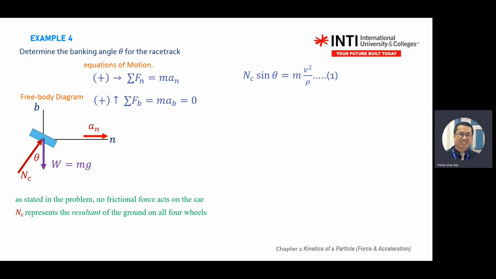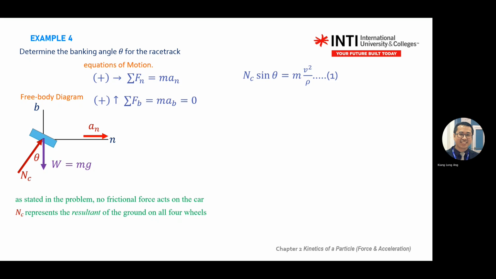In the b direction, Nico, what are all the forces in the b direction? You're now looking at the vertical. What is the force? W? ma in the b direction.